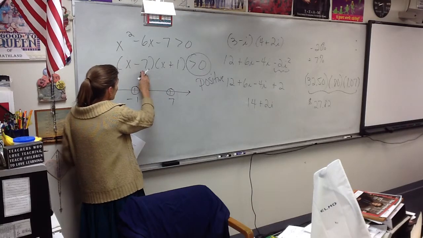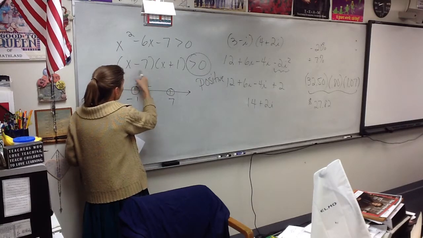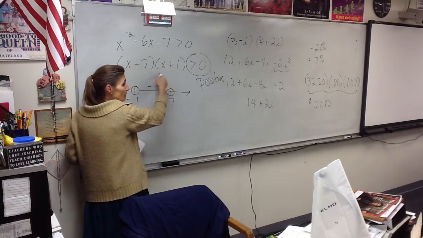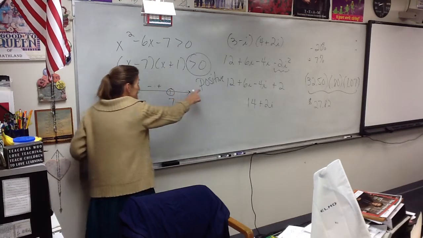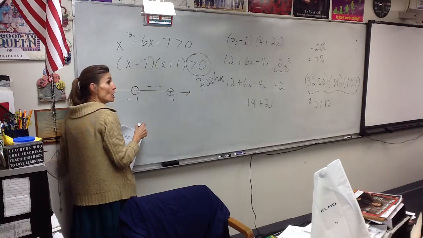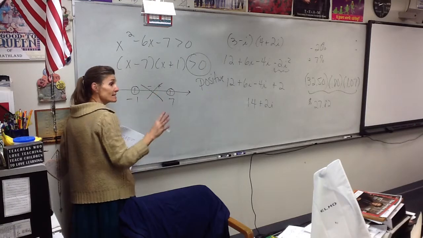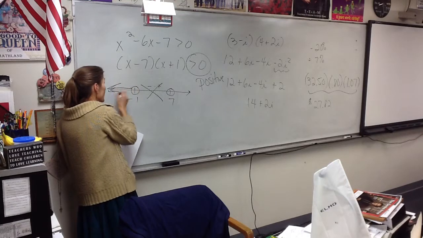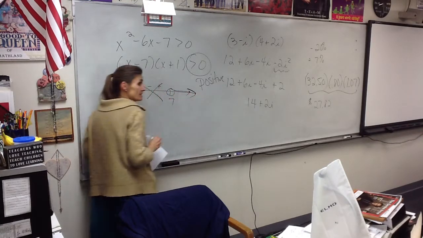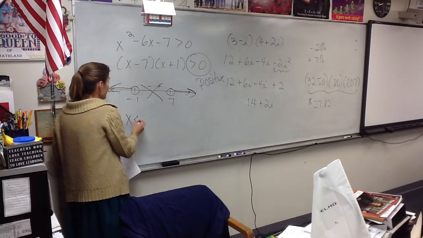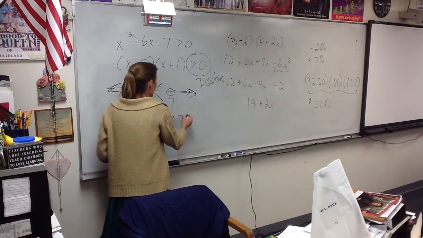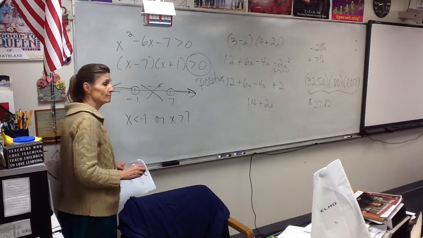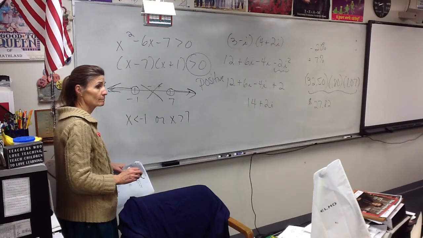If I put 0 in, I would get a negative number times a positive number. Does that give me a positive answer? No. So this section doesn't work. What does that mean about this section? It does and it does. So my answer is everything less than -1 or greater than 7. Right?